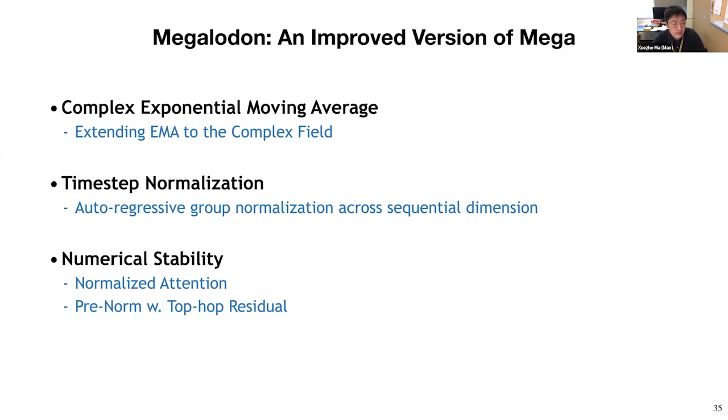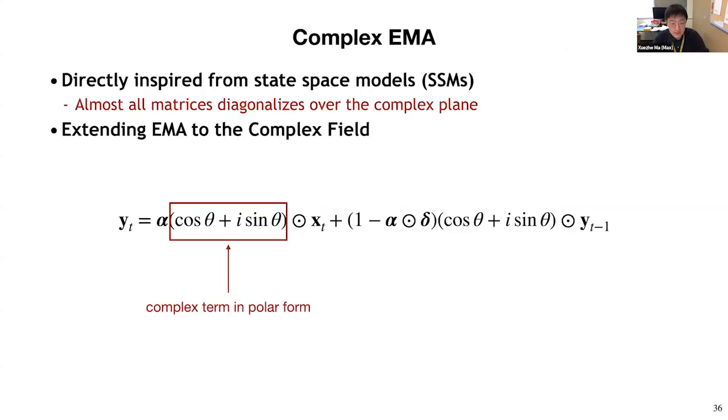And the third one is for large-scale pre-training, where numerical stability is a very important property for an architecture. So in order to improve the stability of Mega, we propose two modifications. One is called normalized attention, and the second is called pre-norm with two-hop residual. So let's first see the complex EMA.